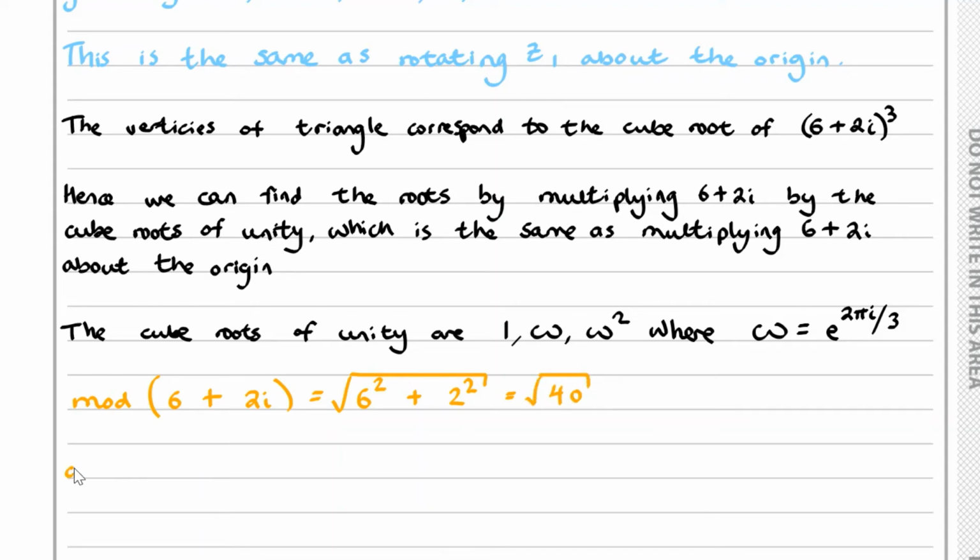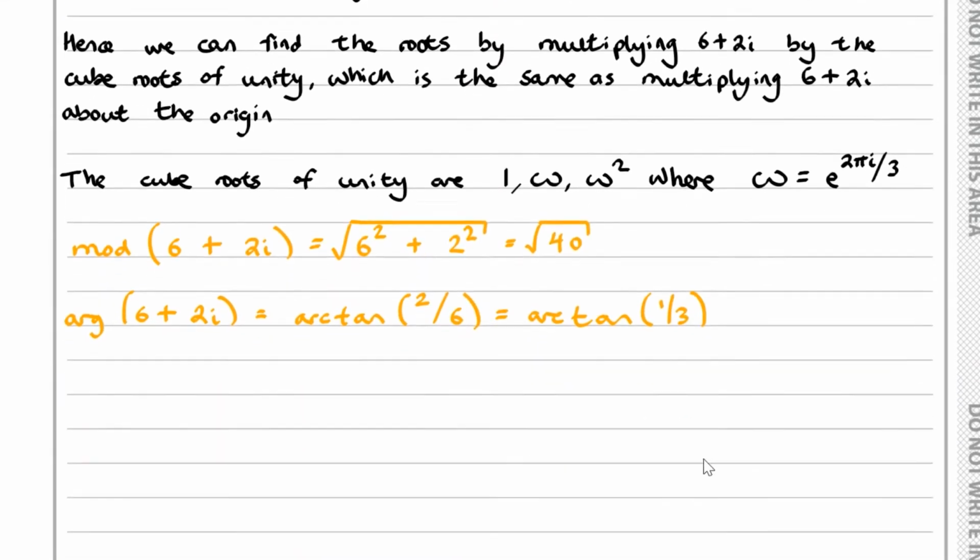And the argument of 6 plus 2i is equal to the arctan of 2 over 6, which is the same as the arctan of 1/3.